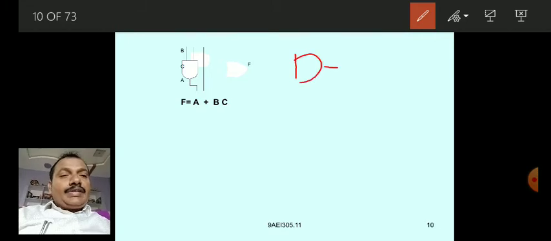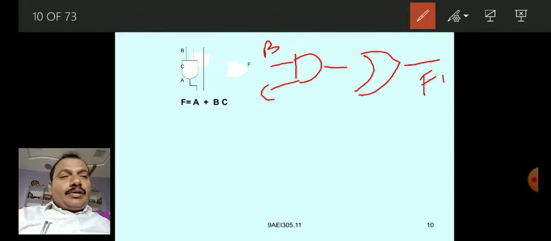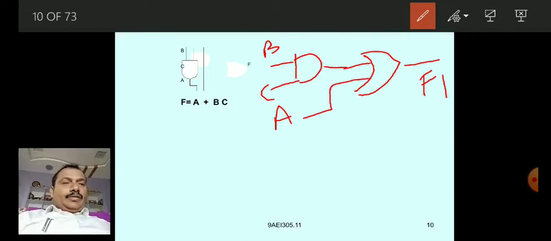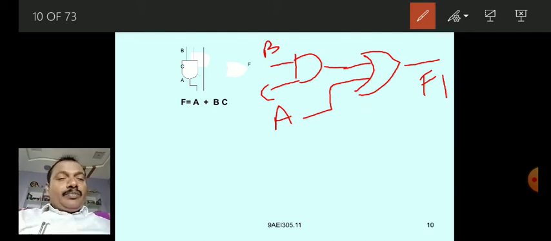One AND gate is required. To the AND gate, B and C are given, and the output is BC. And next, to get the final output, we need one OR gate. So this is the F1, and you give another input A to this. So this is the implementation of the simplified Boolean expression.